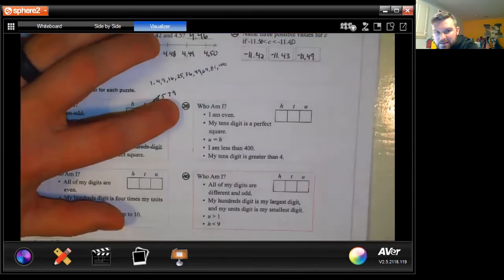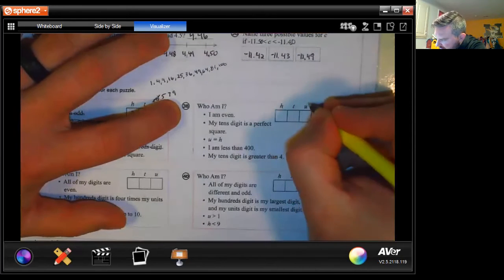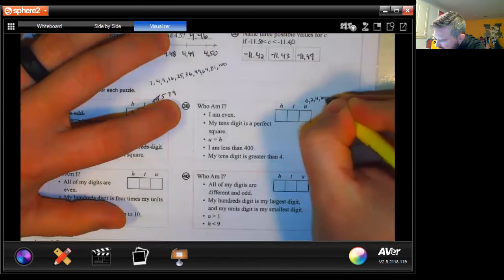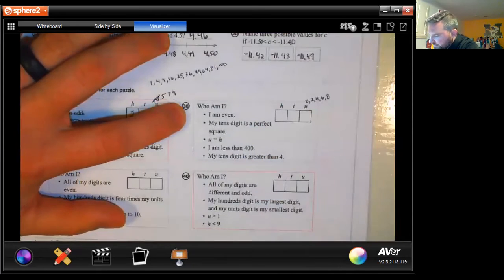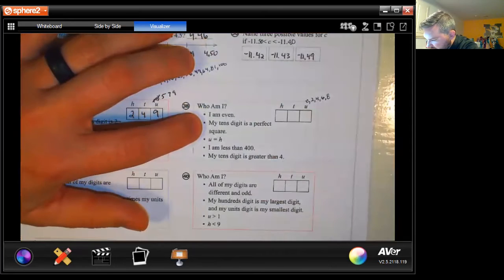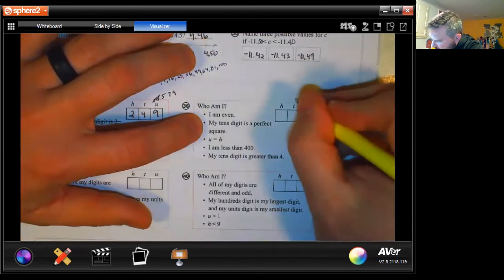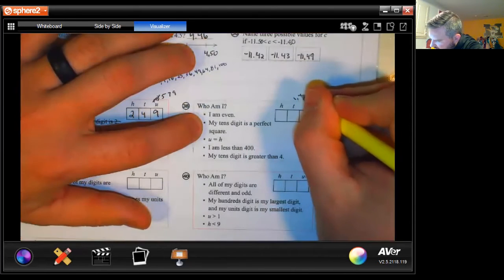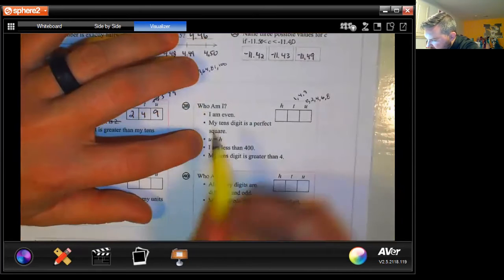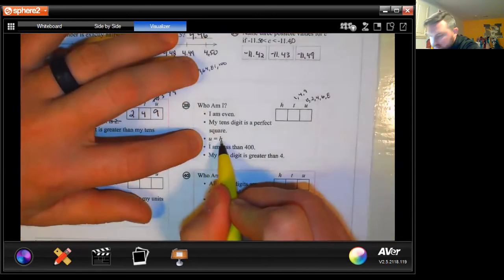Number 38: I am even. So that means this units digit is 0, 2, 4, 6, 8. My tens digit is a perfect square. So that means it's 1, 4, or 9. My units digit equals my hundreds digit.